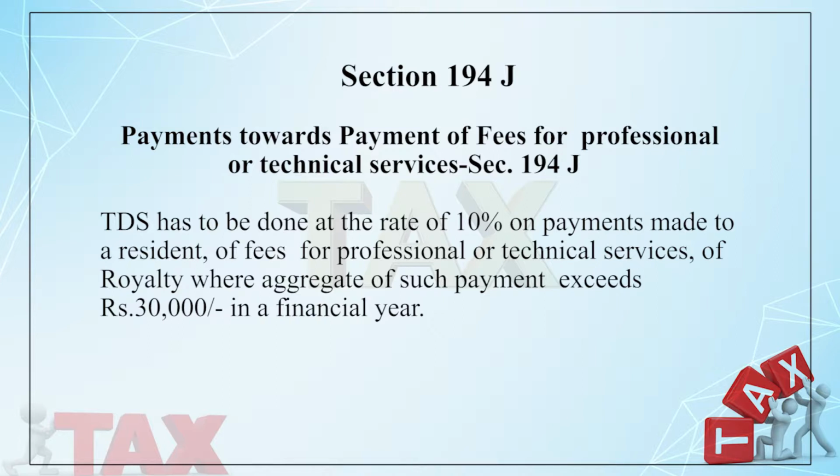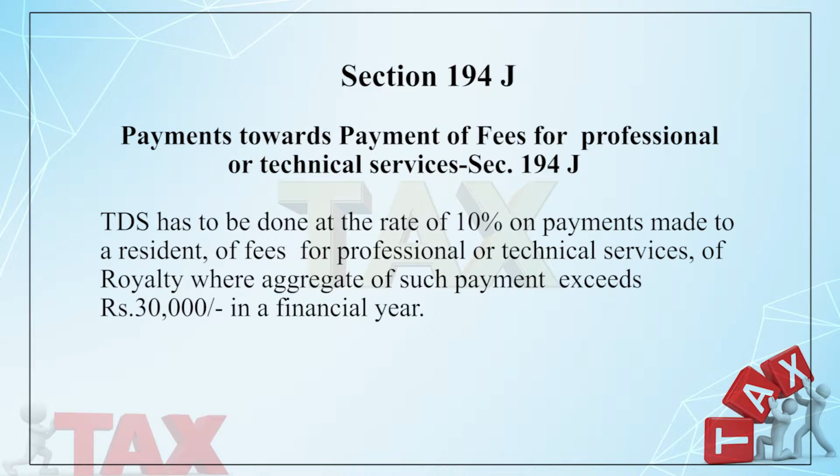for example, a chartered accountant has been hired, a cost accountant has been hired, or an architect or engineer has been engaged for providing certain services, whether audit or technical service or something like that, when the payment is made to such a person, that amount is chargeable to TDS.